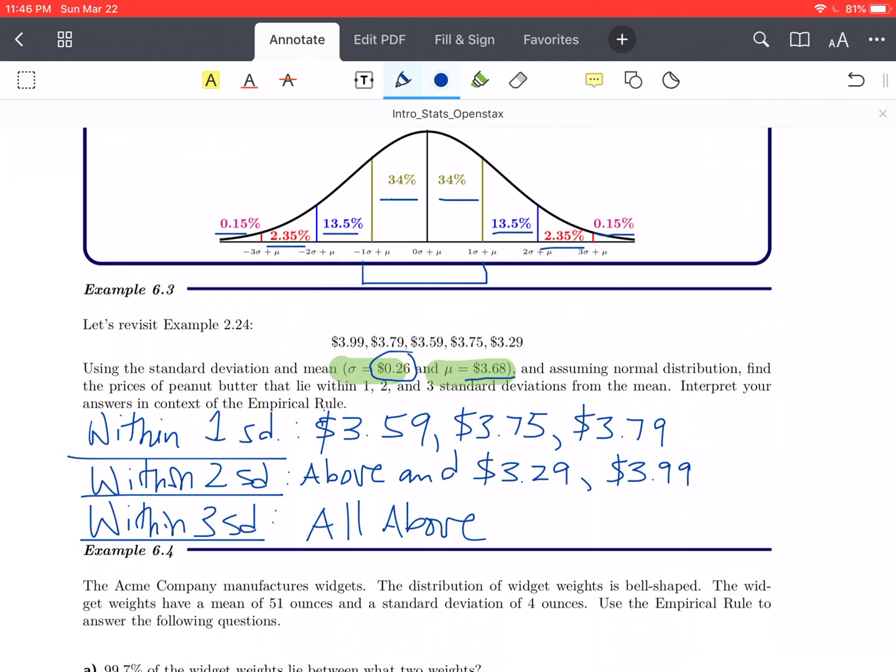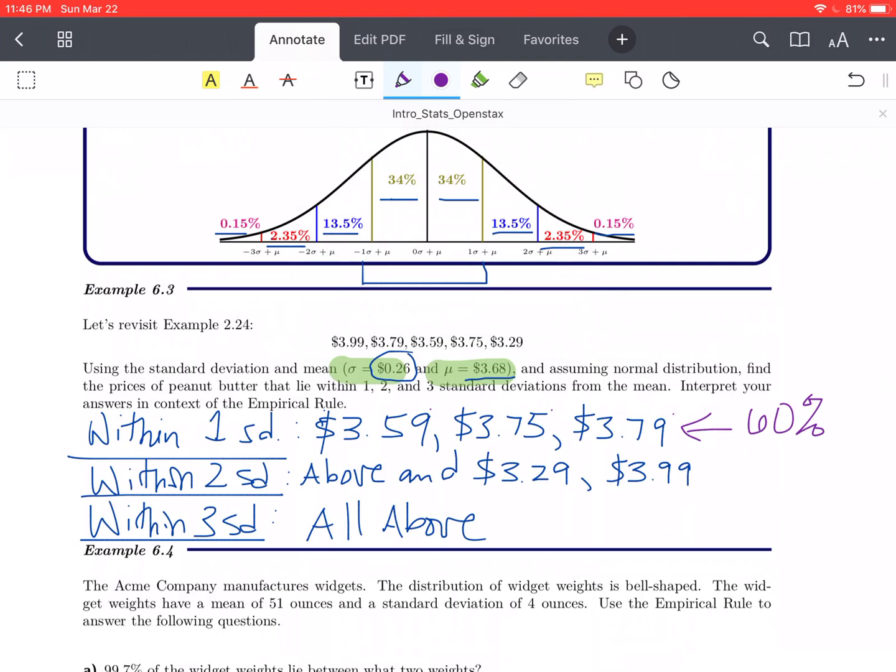If we compare this to what the empirical rule tells us, notice here, within 1 standard deviation, we have 3 out of our 5 data points. So 3 out of 5, that is 60% of the data. And that is, I would say, fairly close to 68%, given the context of 100%.